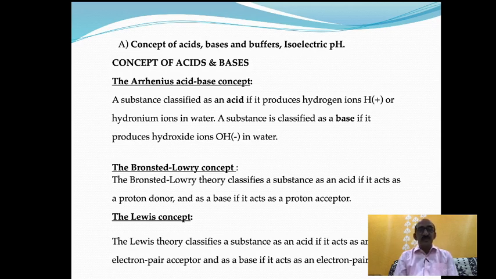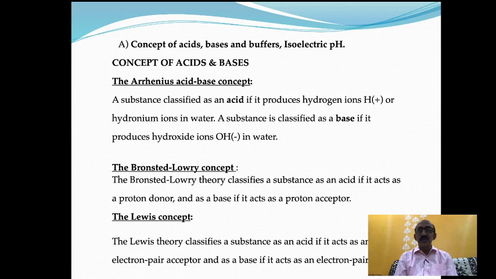The second concept about acids and bases is given by Bronsted and Lowry. It is called the Bronsted-Lowry theory, or Bronsted-Lowry concept of acids and bases. According to the Bronsted-Lowry theory, a substance is said to be an acid if it acts as a proton donor and a base if it acts as a proton acceptor.